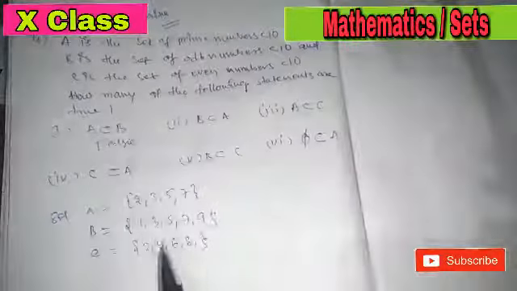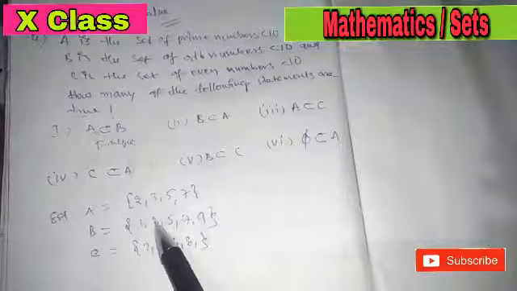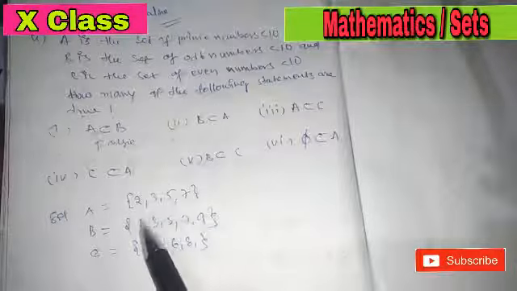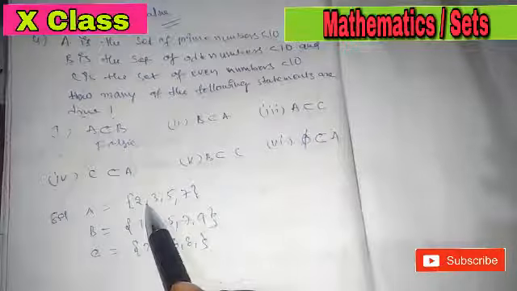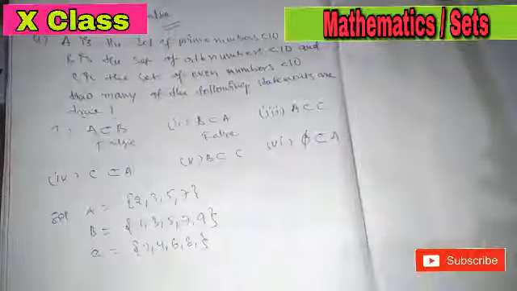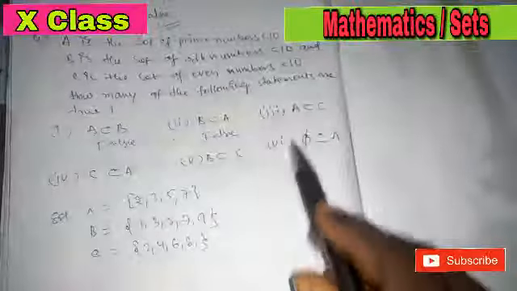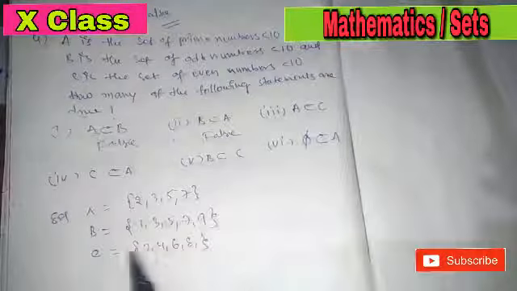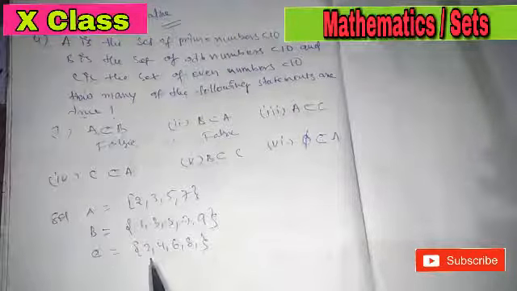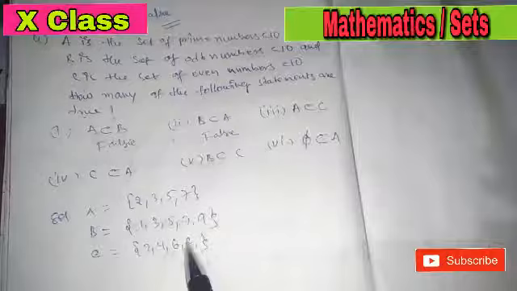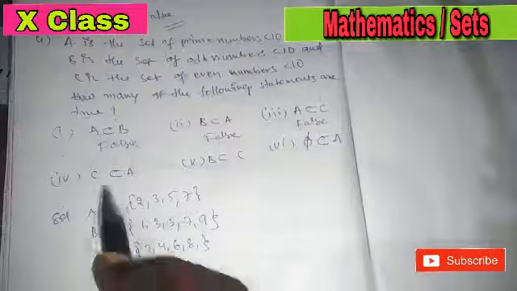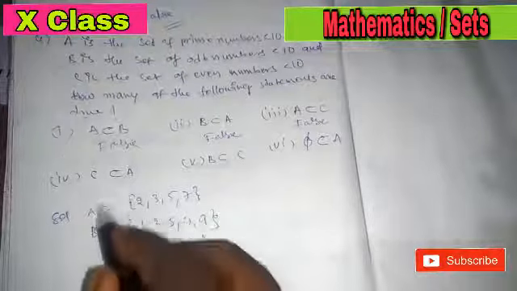Next, B subset A. These three elements are present in set A, but 1 and 9 are not present in A. So it is also false. A subset C: only 2 is present in set C, but the remaining are different elements, so it is false. C subset A is also false.